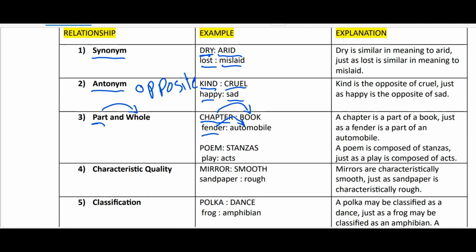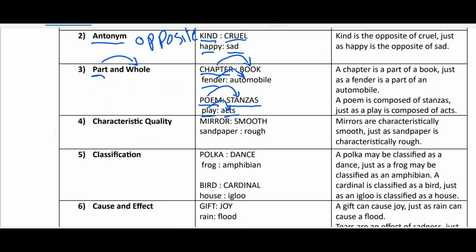We start with the whole poem and then the parts, stanzas. The correct analogy should be in the same order. We start with the whole play and then the parts, acts. So a poem consists of stanzas, like a play consists of acts. It should be in the same order.